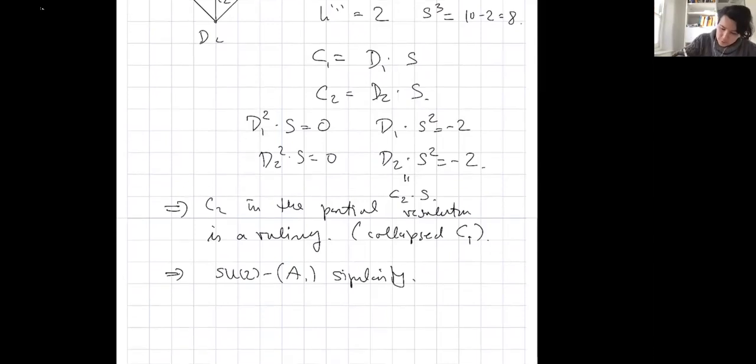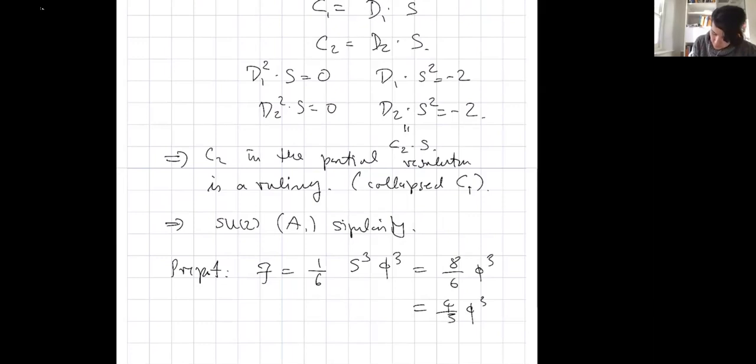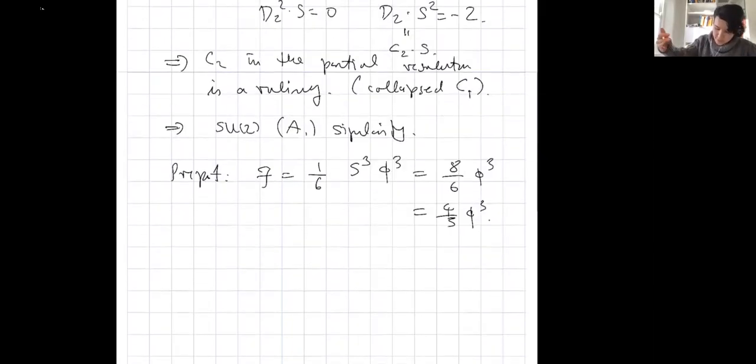And we can now also compute, of course, the triple intersection number. So the prepotential for this geometric theory, we said, is 1/6 S cubed phi cubed, and that's 8/6 phi cubed, which is 4/3 phi cubed. If you now go back to the gauge theory, this is just the same as the one for an SU2 theory.